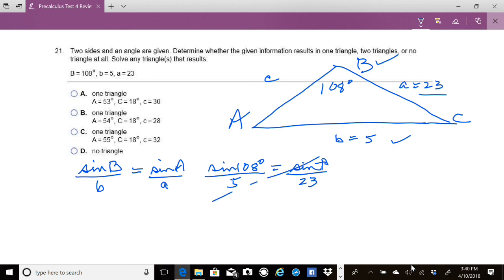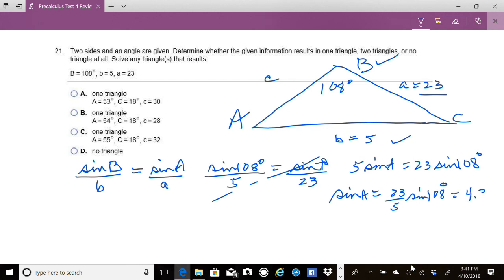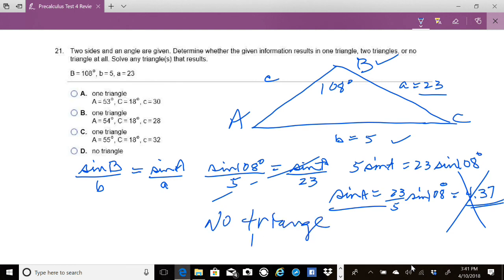So by cross multiplying, 5 times sine of A equals 23 sine of 108 degrees. So sine of A equals 23 over 5 times sine of 108 degrees. And when you get that, you get 4.37. Now, everybody knows that the sine of an angle can't be more than 1, so this means no triangle, no solution. And your work is done on this one.